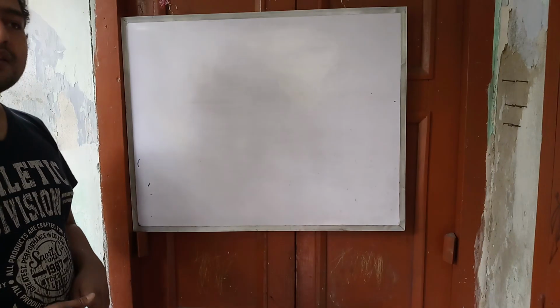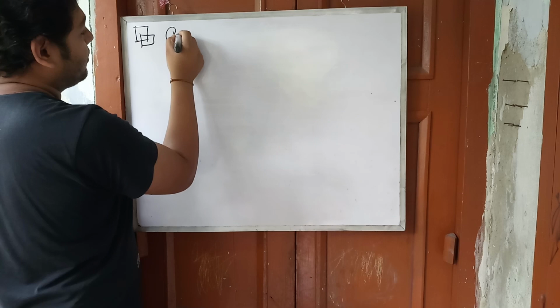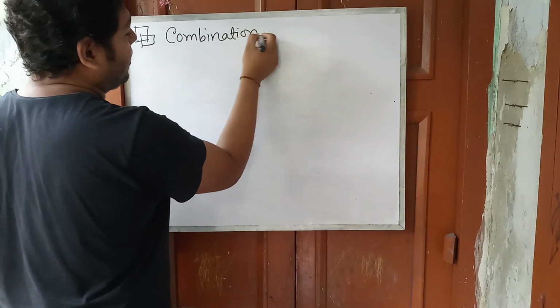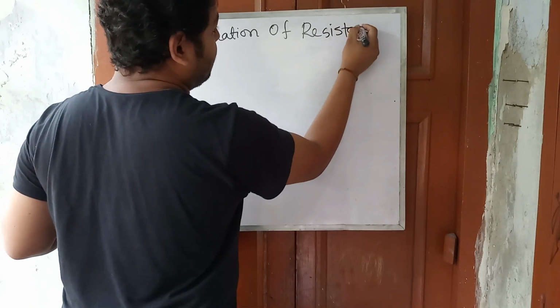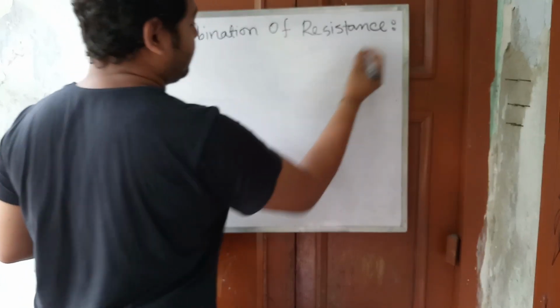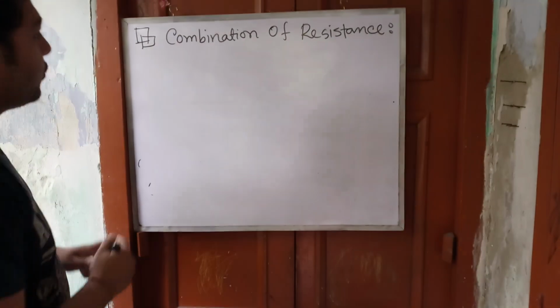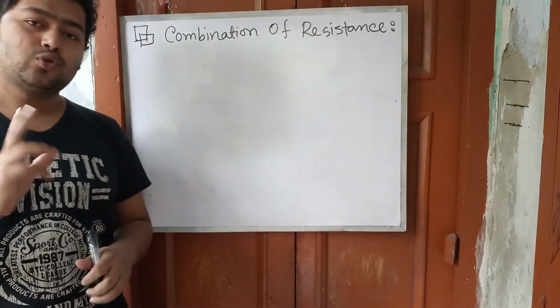Okay, and this is the formula of specific resistance. Next, the combination of resistance. We have two types of combination of resistance.